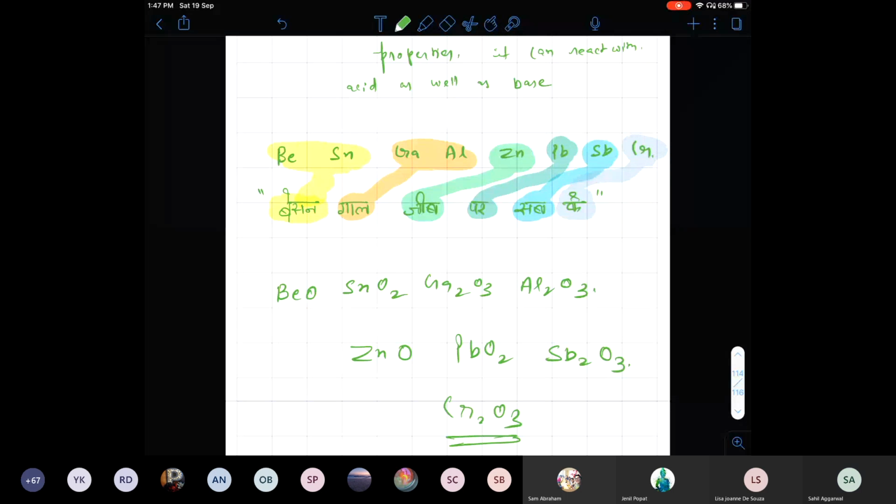Understood? All of you understood? Okay, Sihan, sorry for that. So you can simply remember these elements.